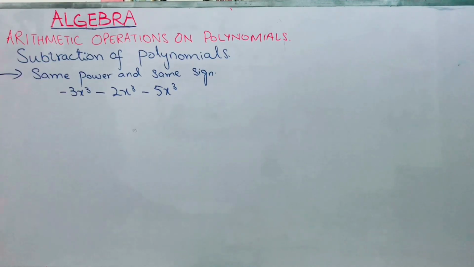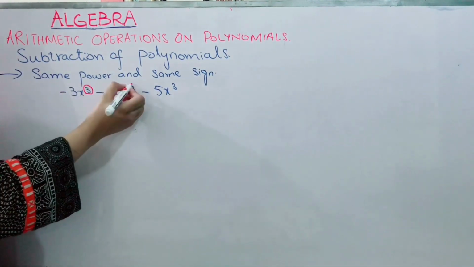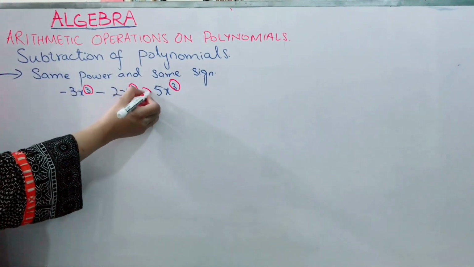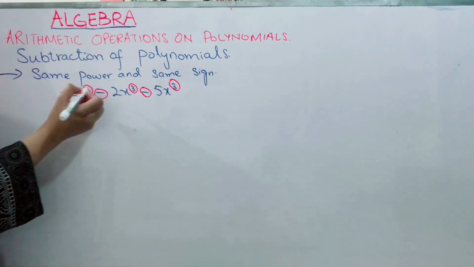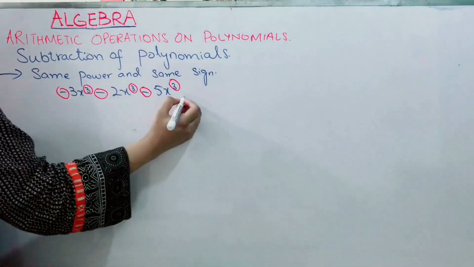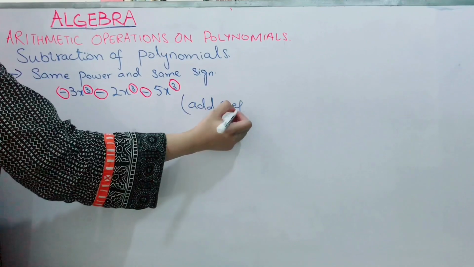Now see, you have same powers, that is cube, cube and cube, and signs are also same, minus, minus, minus. Then what you have to do, you have to add coefficients.